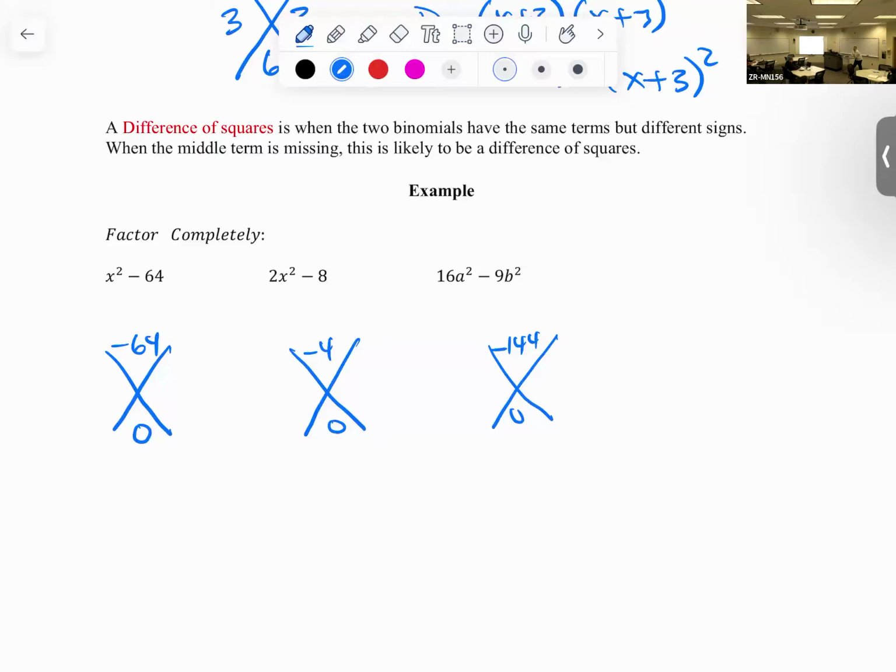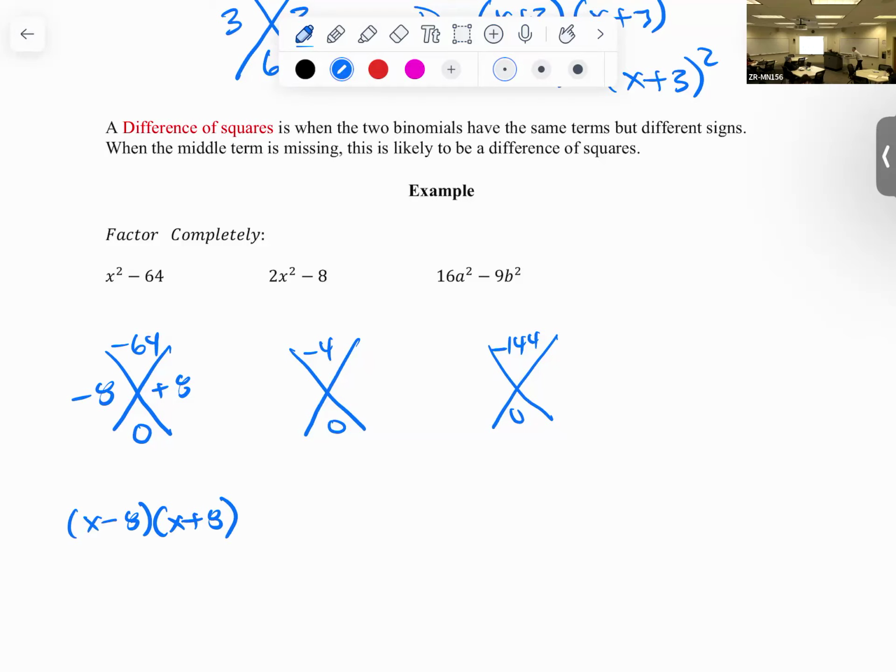That means it's the same number, 8 and 8. We're all overthinking that one. 8 and 8, right? So it's x minus 8, x plus 8.